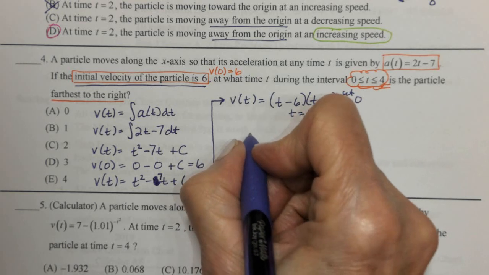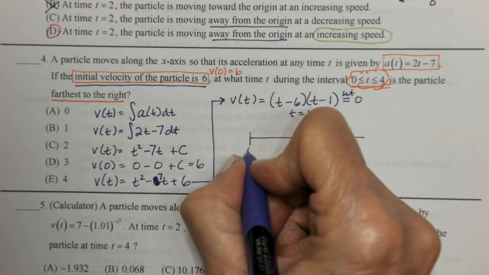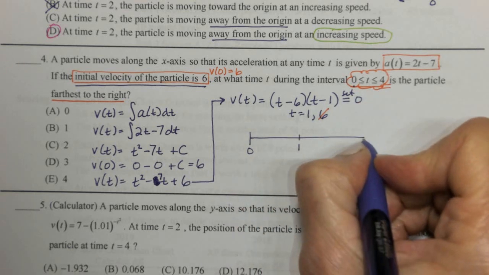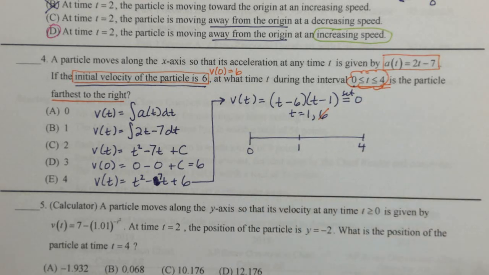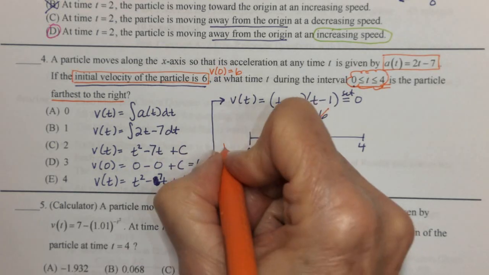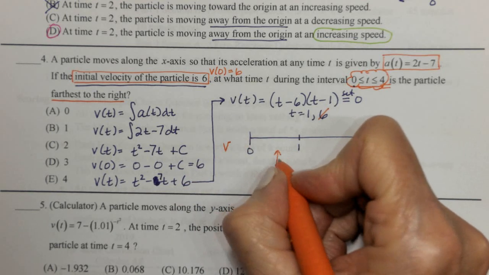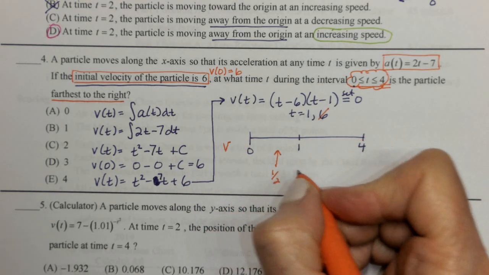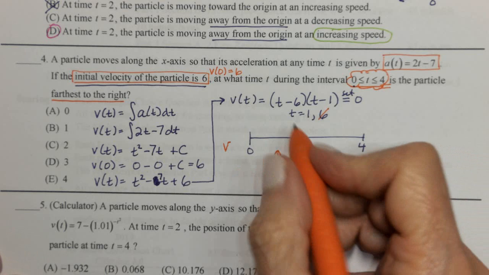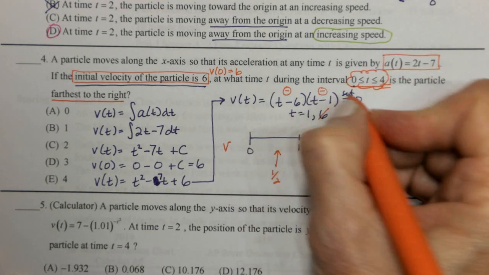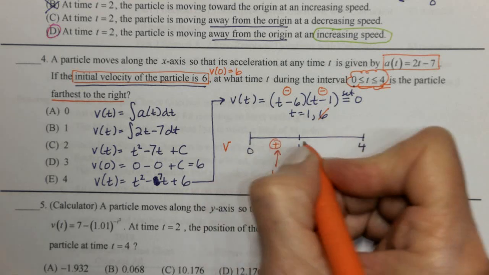Okay, so on my sign chart I'm starting at 0 because they told me to. I'm including 1, and then I'm going to end at 4 because they told me to. And I am sign charting velocity. If I put 1/2 in for t, I'm going to get a negative from this factor and a negative from this factor, and that's a positive.